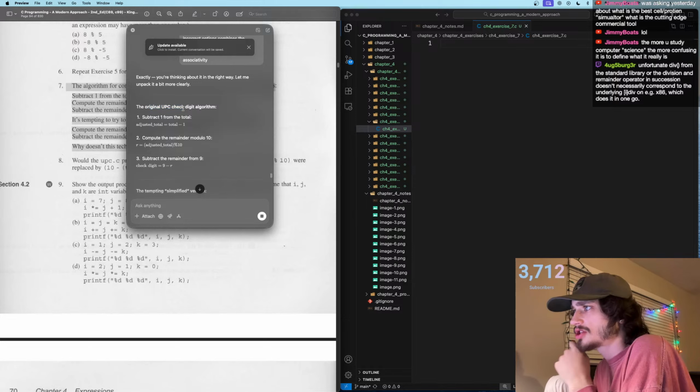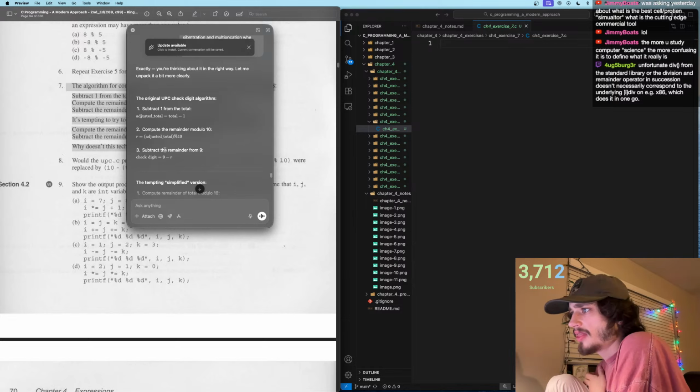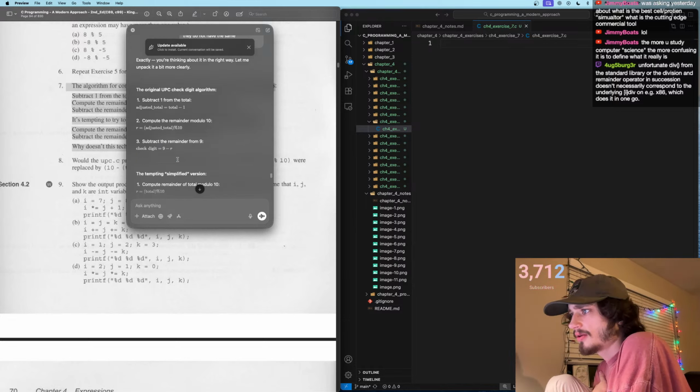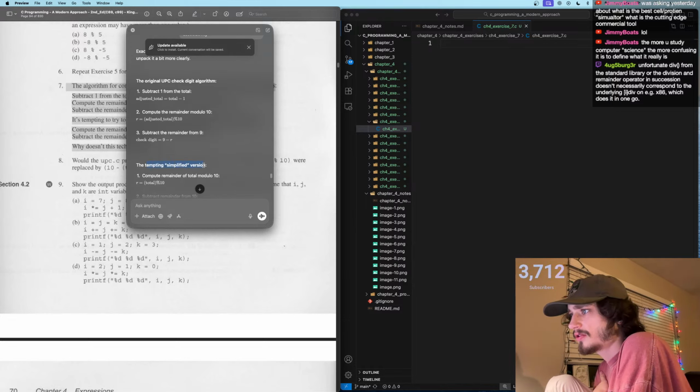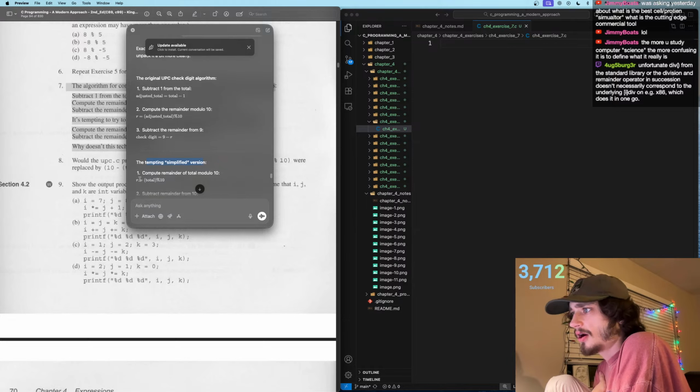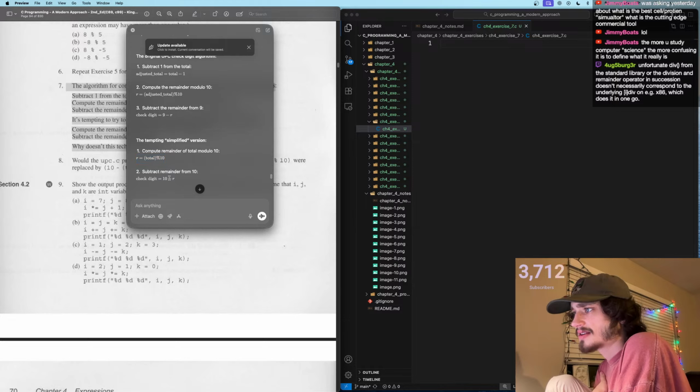The UPC check digit algorithm subtracts 1 from the total to make an adjusted total, and then computes a remainder based off of 10, and then computes 9 minus that remainder. The tempting simplified version is to take the total divided by 10, and then subtract the remainder from 10.